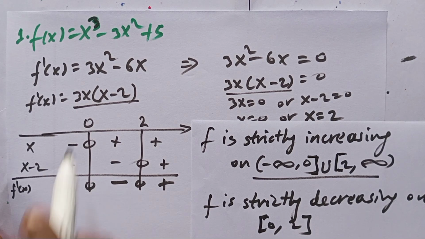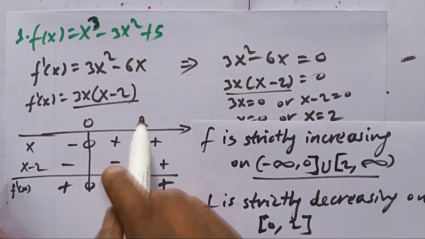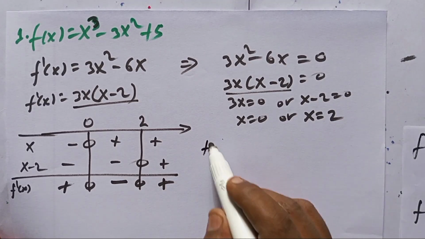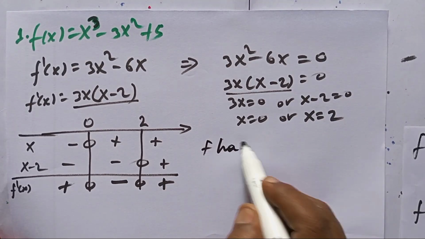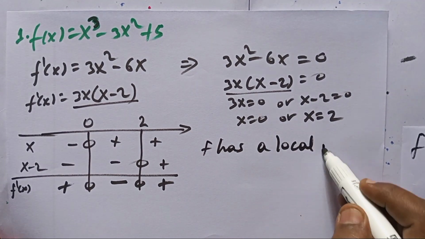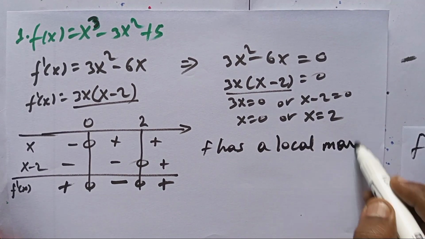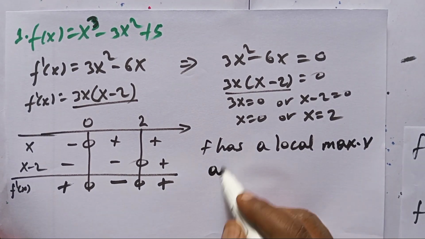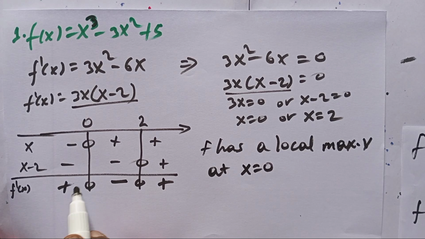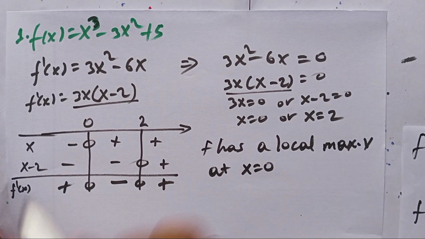Again, from positive to negative change there is a local maximum; from negative to positive there is a local minimum. Let's find the local maximum and local minimum. So f has a local, or relative, maximum value at x equal to 0. The reason is that the first derivative changes sign from positive to negative: it increases and then decreases, so there is a local maximum.